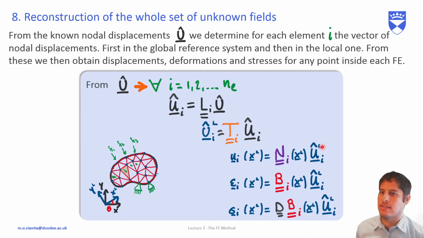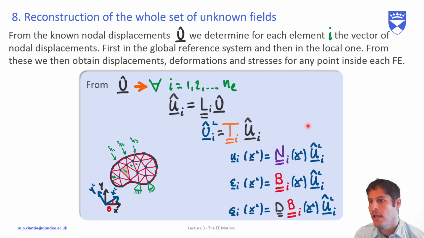How do we get stresses and strains? We reconstruct the whole set of unknowns. Here it is for each element, I to NE. From U, we can obtain the element displacement vector in the global reference, and then we can use the transformation matrix T to get the displacement vector inside each element in the local reference.